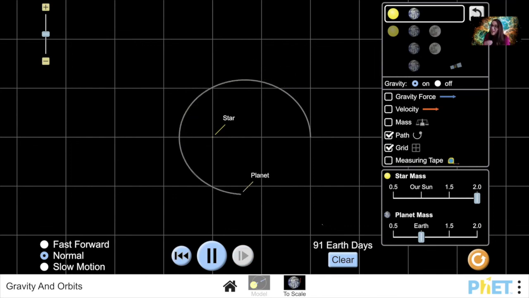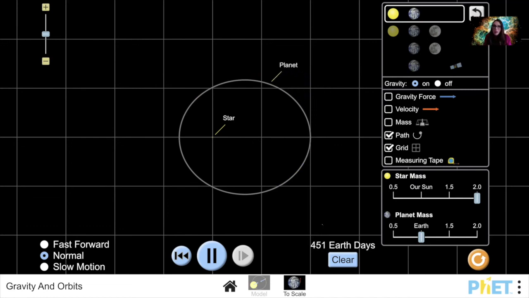Okay, so because this star is much more massive than our own sun, that impacts the orbit that the planet experiences as it's orbiting around the central star. So when you increase the mass of the star relative to the size of the planet, you can get more of an elongated, more elliptical shaped orbit.